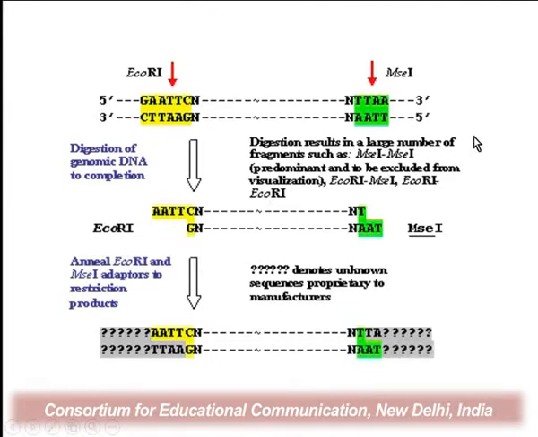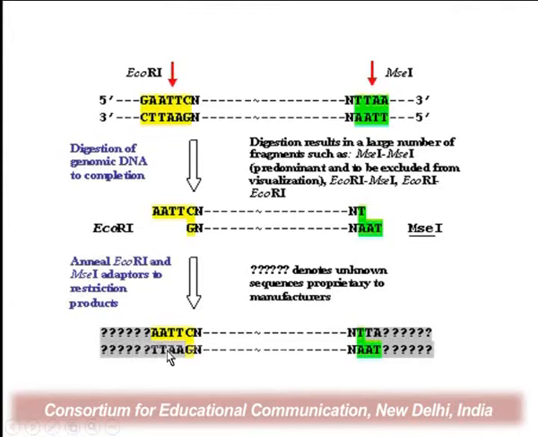So at first we reduce the number of fragments before we use them for specific amplification, using primers specific for our gene of interest. Initially we digest with these two enzymes, and we get these fragments, as you can see, one of which has EcoRI on one side and MseI on the other side. Then we use what are called adapters. Adapters we discussed when we covered recombinant DNA technology.